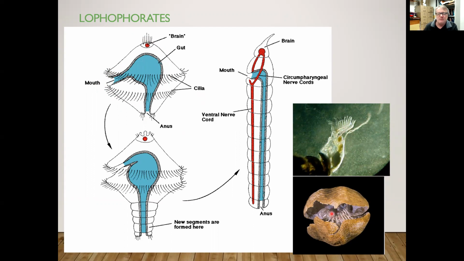So certain mollusks would also fit this category, or mollusk-like organisms. The gut processes and digests things here very much like a gastrovascular cavity, but the one addition is that now we have a separate opening for the anus. So food comes in, it's digested, and it passes out.